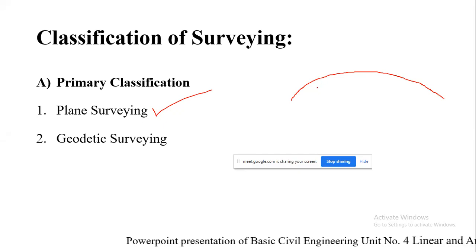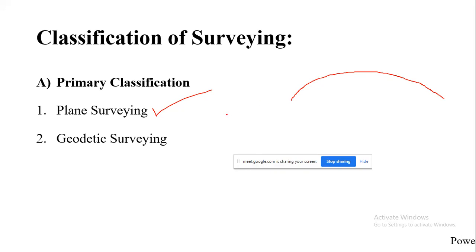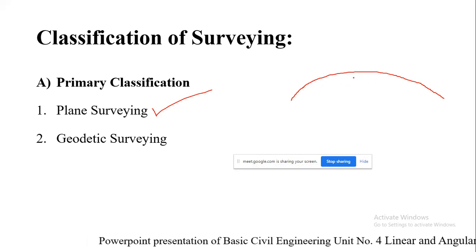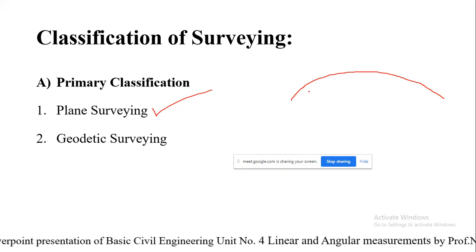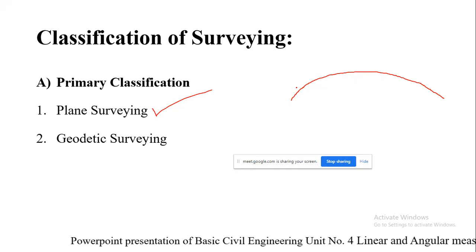This is because it is carried out only for a small area. So for that purpose, the curved surface of the earth is not taken into consideration. While measuring the distance or doing the survey work between any two points, that surface is treated as a plane surface.